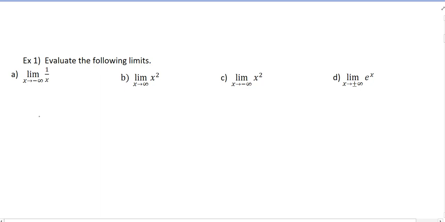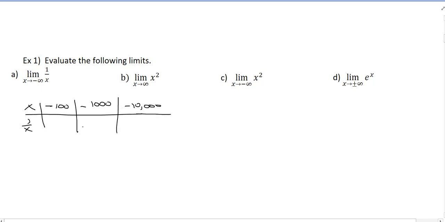One way we can do it, if we don't know the graph, is we can do a table of values. And so I'm going to have x and 1 over x. As x goes to negative infinity, that means we want to get large on the negative side. So like, let's say negative 100, negative 1,000, negative 10,000.